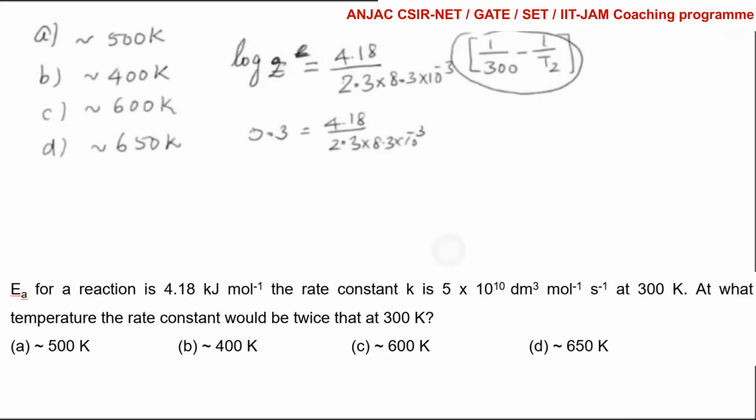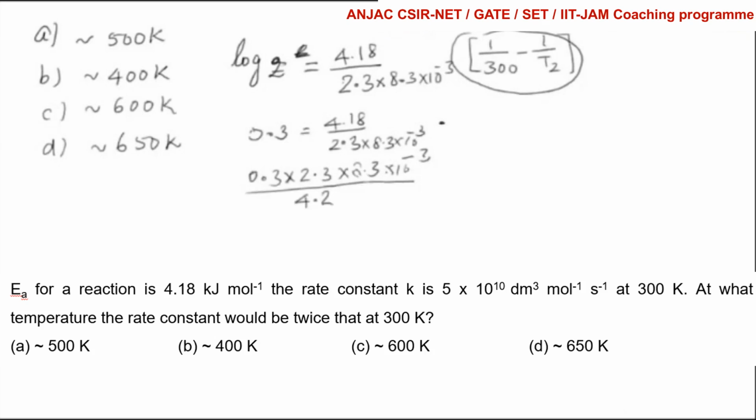Or leaving this, you can bring all the other things to the opposite side. Or you wait and see here. You write it as 300 T2, that is an easy way. Bring all other things to the opposite side. That will be easier for your calculation. 0.3 into 2.3 into 8.3 into 10 power minus 3 divided by 4.2.